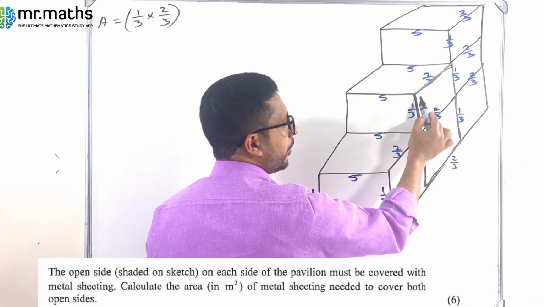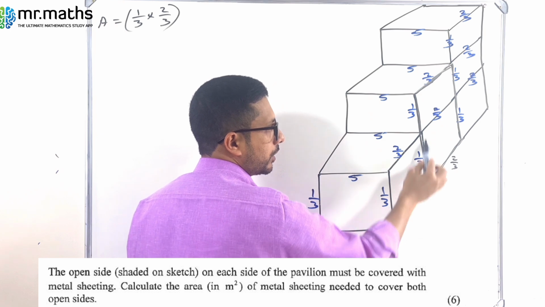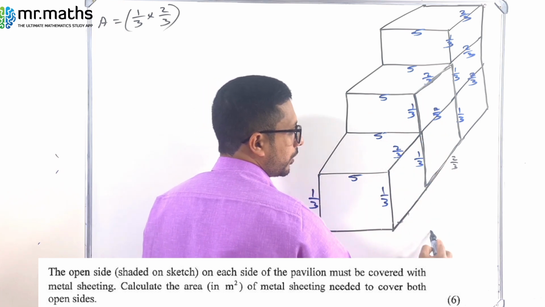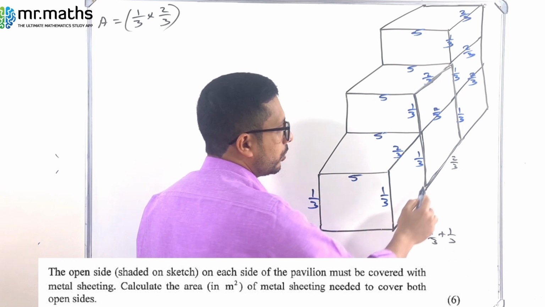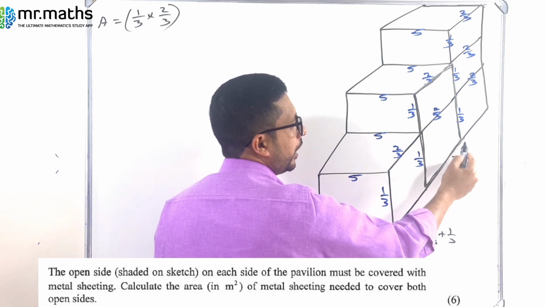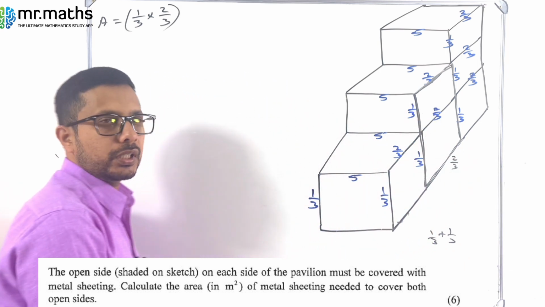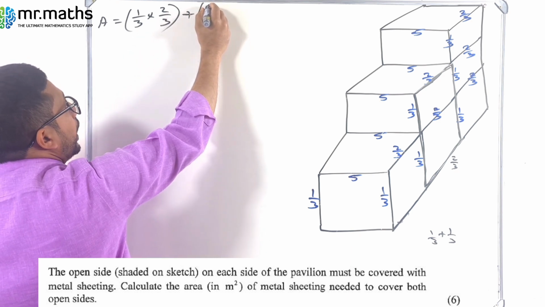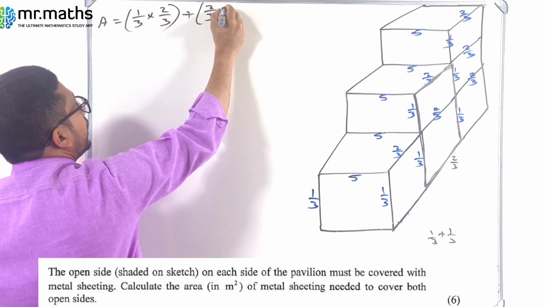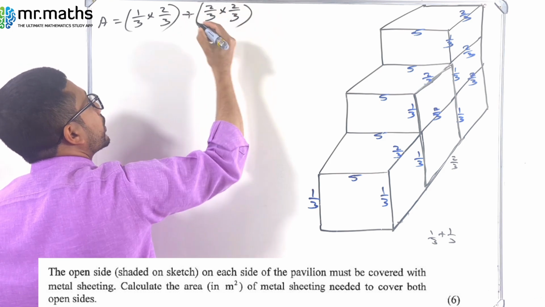So 1 over 3 plus 1 over 3, that is this height, 2 over 3. So here the height is 2 over 3 and width is also 2 over 3, so it is plus height 2 over 3 and width 2 over 3.